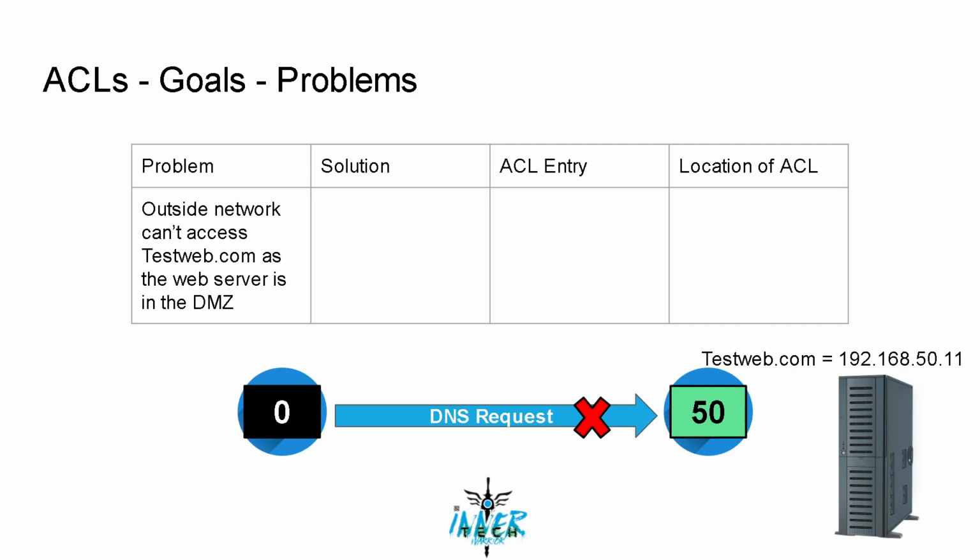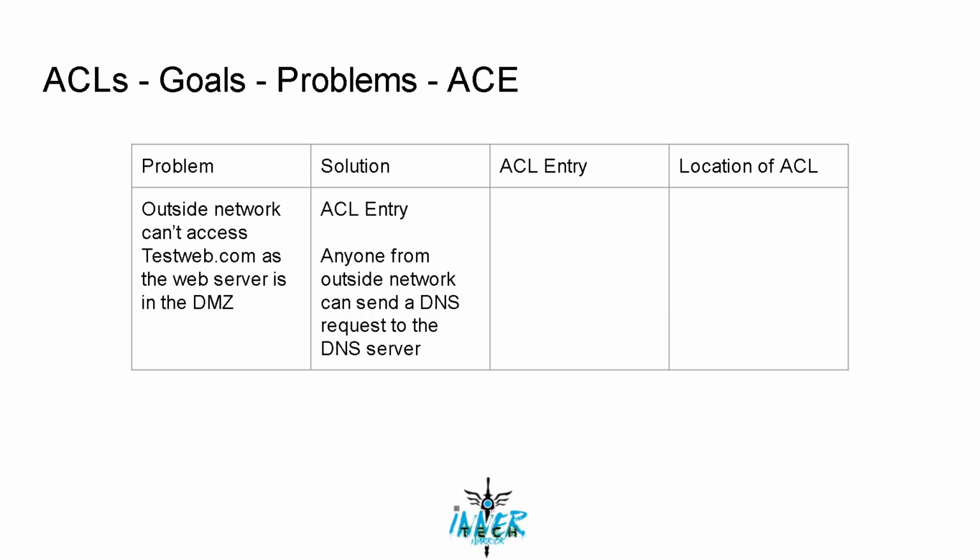And we need to be able to send a DNS request to the DNS server so that way we can translate the testweb.com URL to the web server's IP address. How can we solve that problem? Another ACL entry, this time allowing anyone from the outside network to send a DNS request to the DNS server.